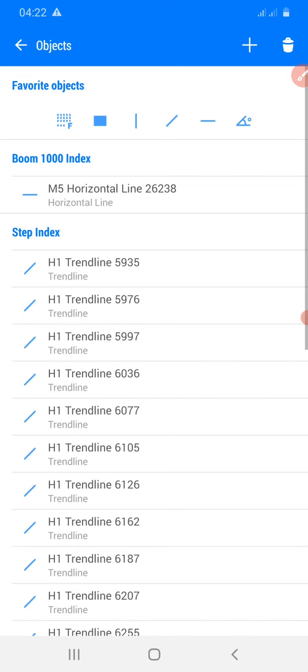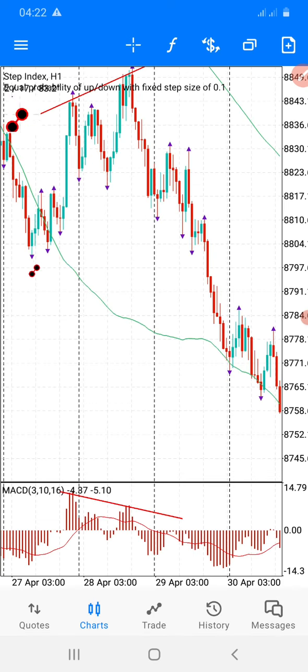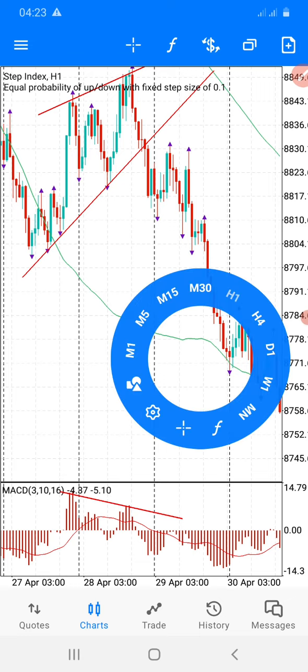Here is another one that we have spotted. You wait for the break of this trend line, which is broken here, and then this is a retest. Remember, the trend line is a zone, it's not a line, and the market went back to retest it.